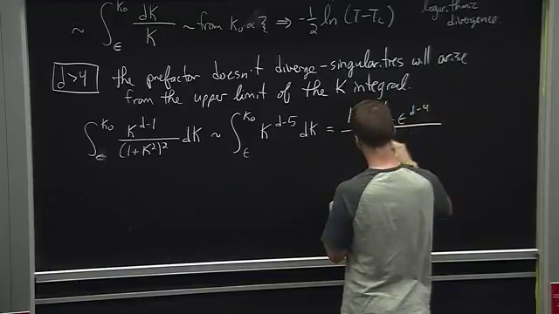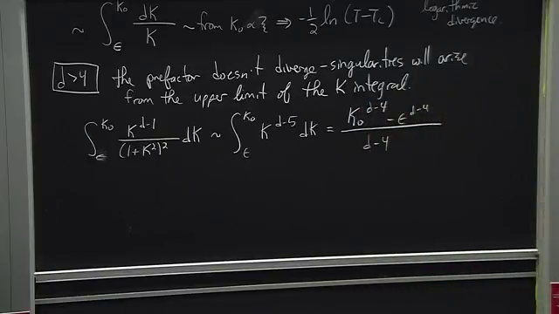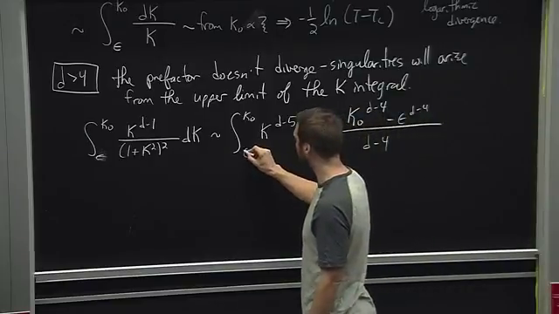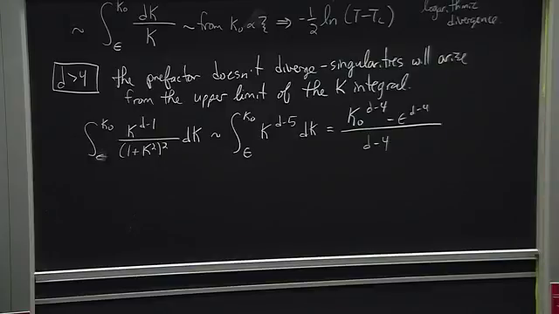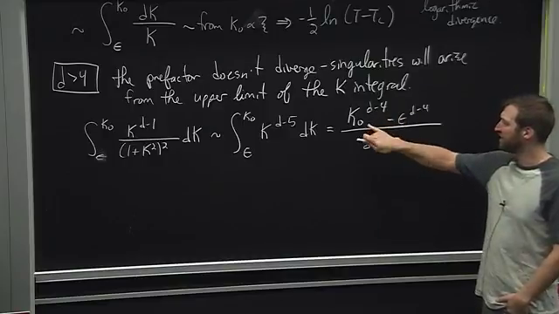And write it like this, depending on the relationship between epsilon and K naught. It's just sort of a finite difference, but say you're very close to T equals TC.